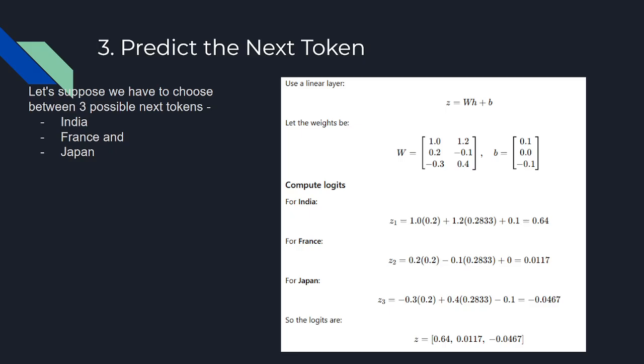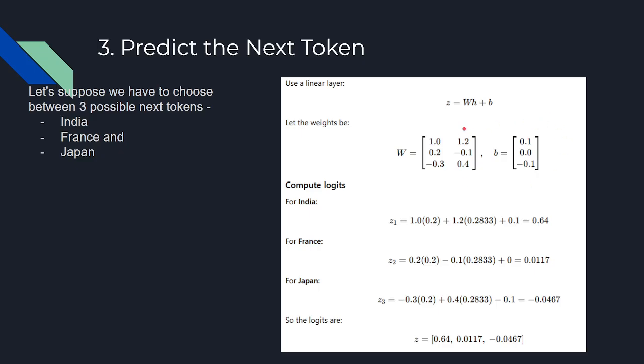That seems like a linear formula. We have a linear layer to predict the actual next token. And what happens is we take randomized weights and randomized biases in the beginning.